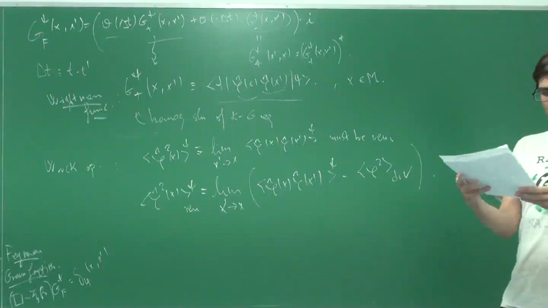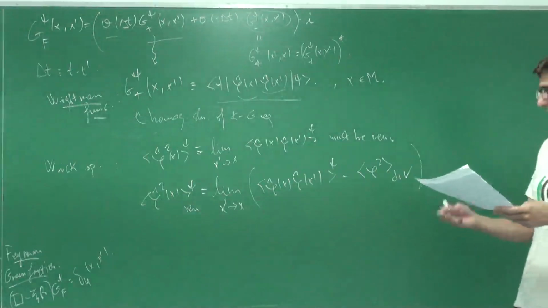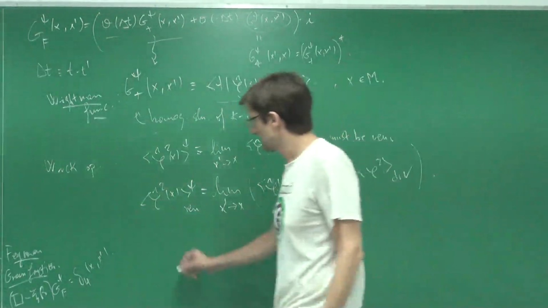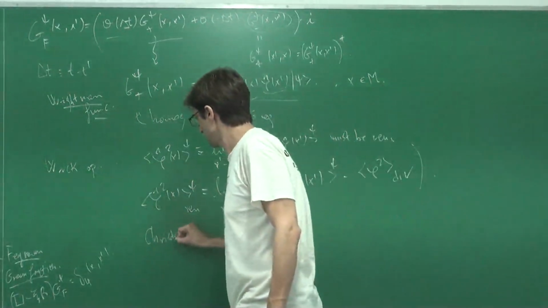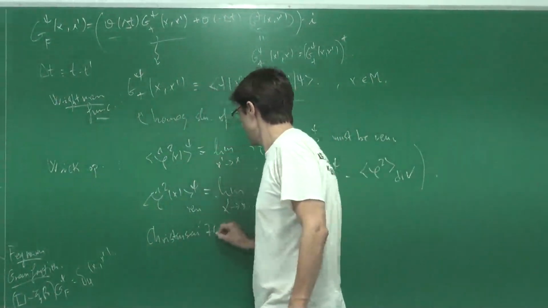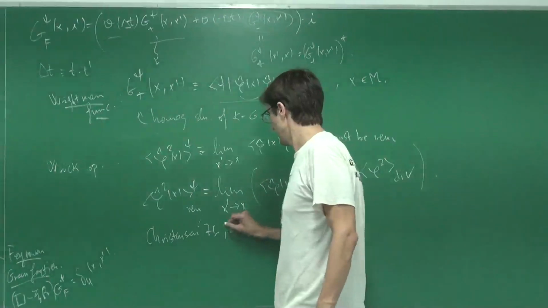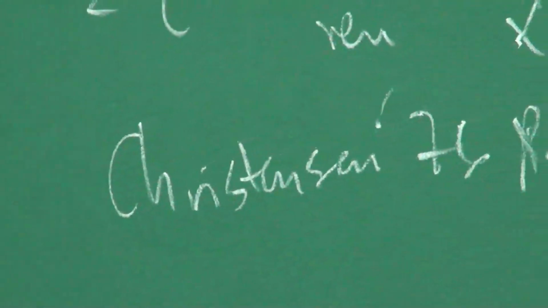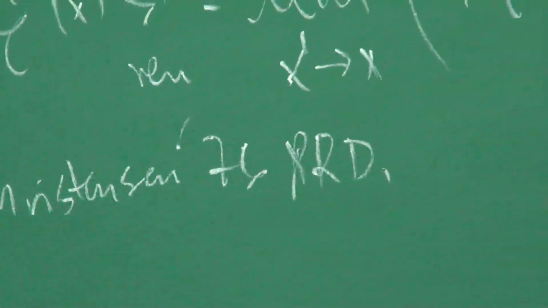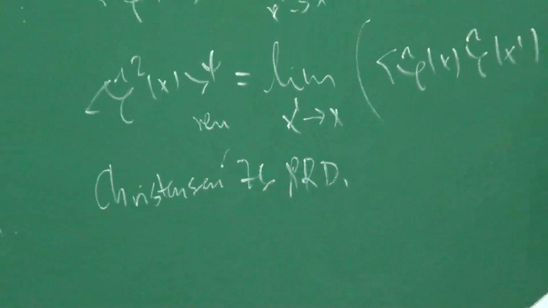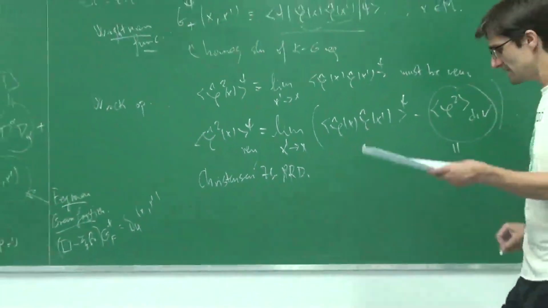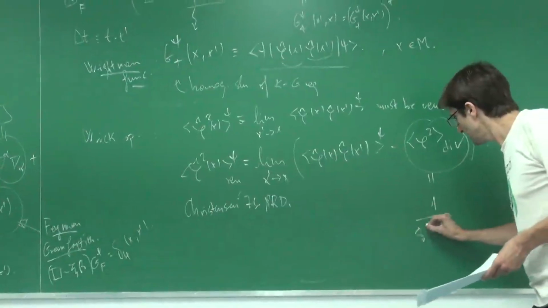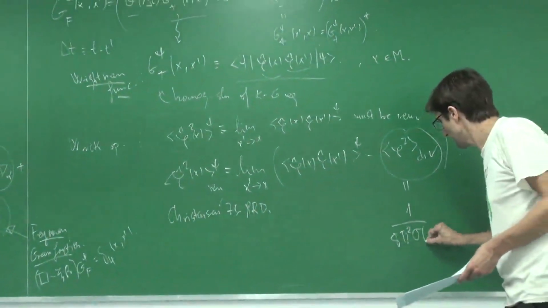This has been found by Christensen. It was obtained by Christensen in 1976 in Physical Review D, and I can't remember the page number. He's got two papers, and essentially this is equal to 1 over 8 pi squared sigma of x.